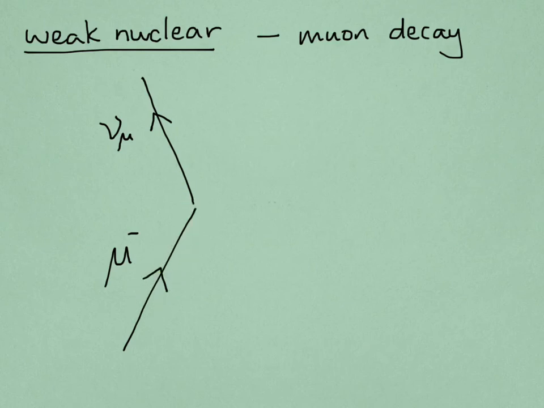So the muon has a lepton number of +1 because it's in the electron family, and the muon neutrino also has a lepton number of +1, so lepton number is conserved at this junction.